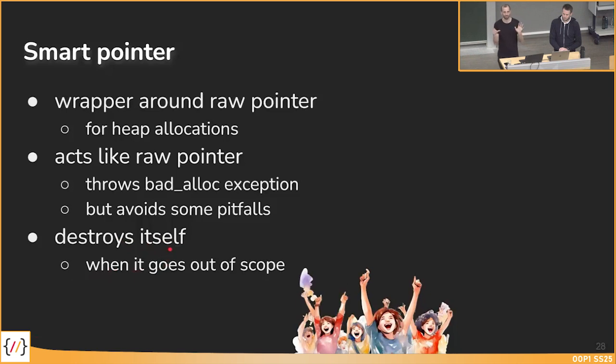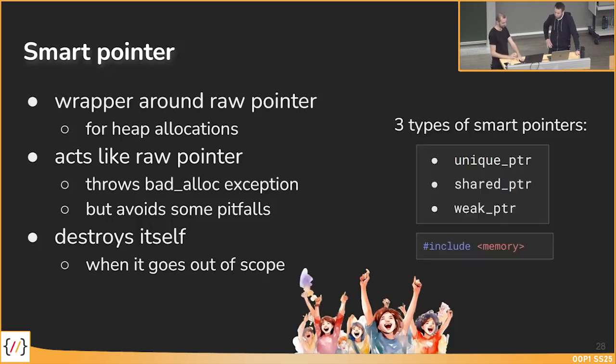So you don't have to think about when you have to delete this pointer or this memory location on the heap. With smart pointers, you will not have any problems with Valgrind anymore, because it gets deleted for you. And this is a huge advantage, I think.